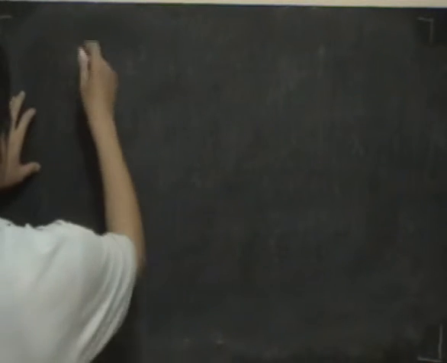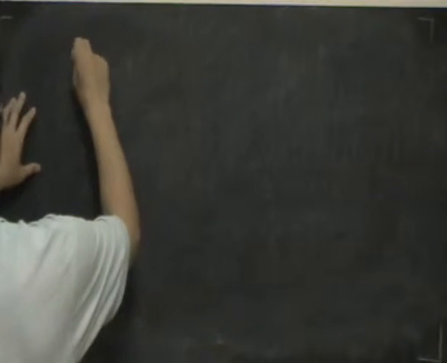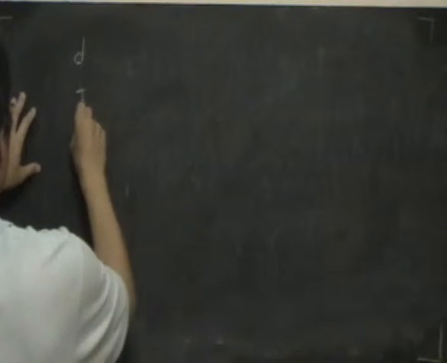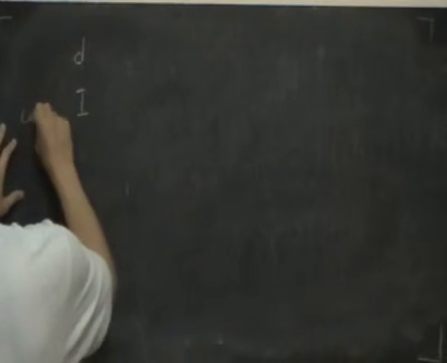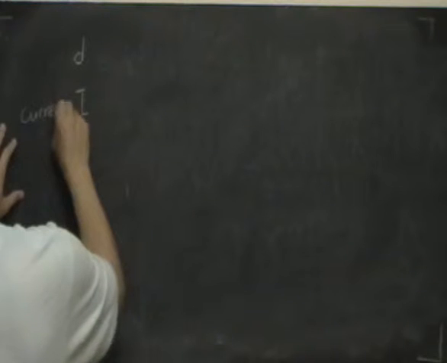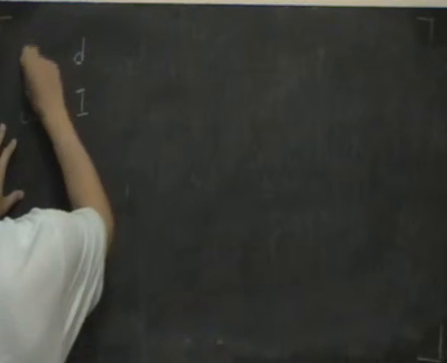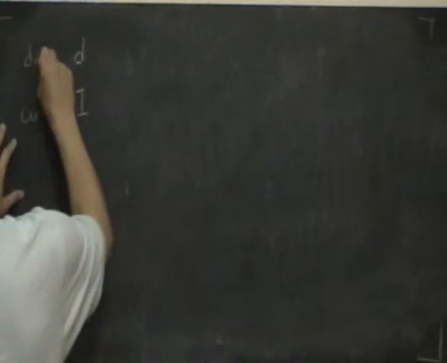Now if we do that, we can get a table of values, let's say D and I. So I stands for current, and D could be the diameter.